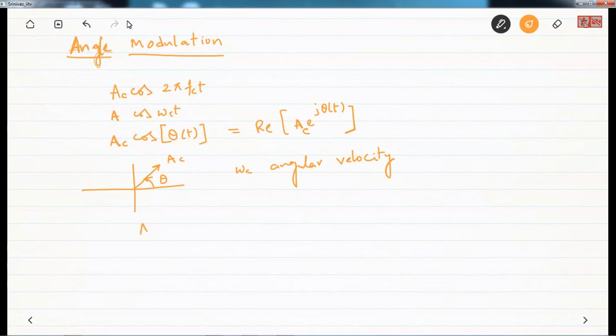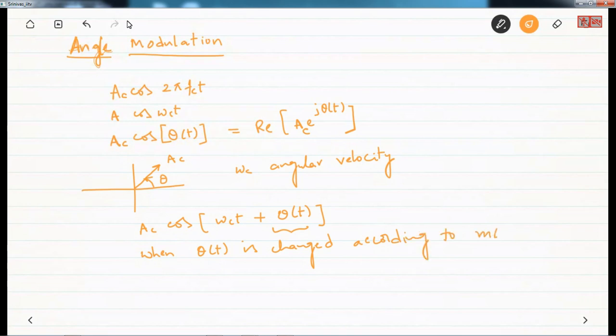Say what angle modulation is: AC cos omega ct plus, what notation should we use? Should we use theta of t? So when theta of t is changed according to m of t, what is m of t?